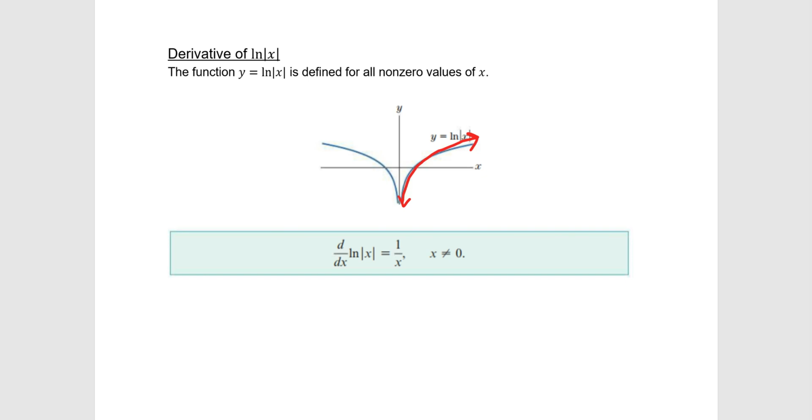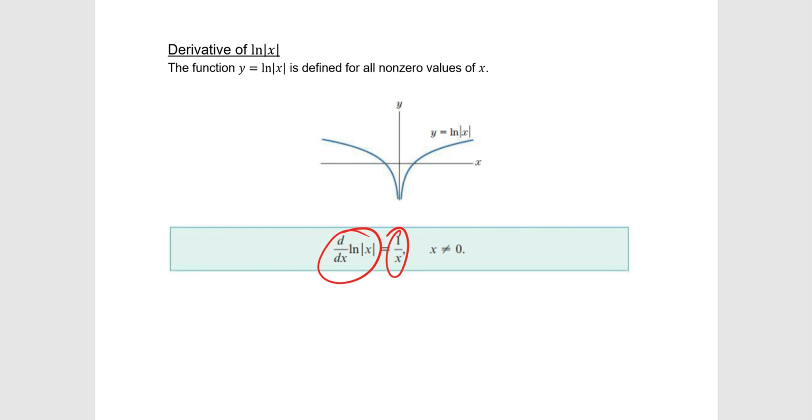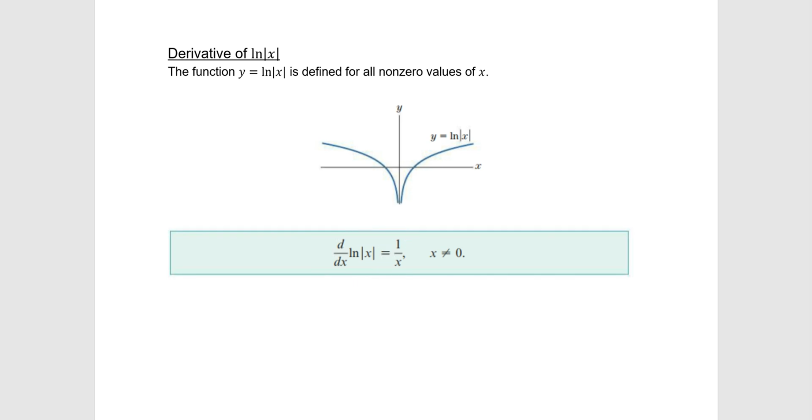So it ends up looking like this for y equals ln of the absolute value of x. And the derivative of the ln of the absolute value of x is 1 over x, just like we would expect from what we did at the beginning of this section. But the only difference here is that x can be any number other than 0, including negative numbers. Okay, so just keep that in mind.